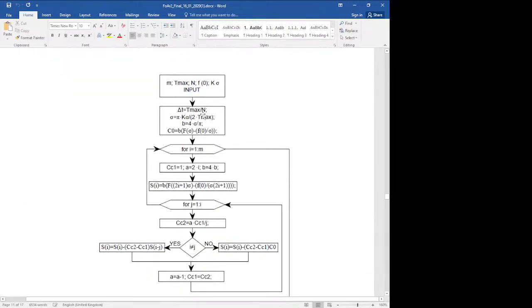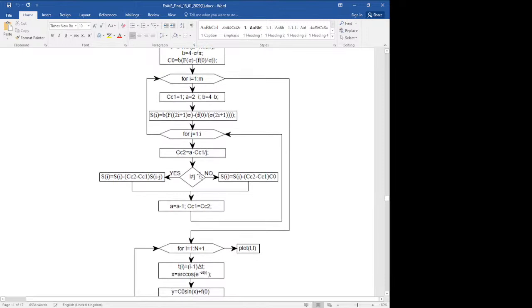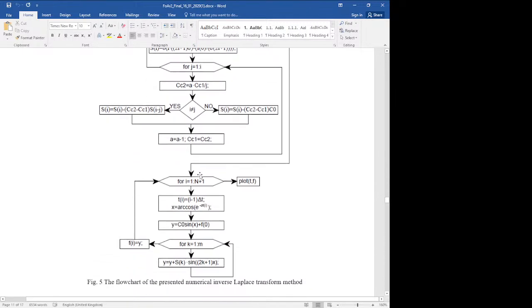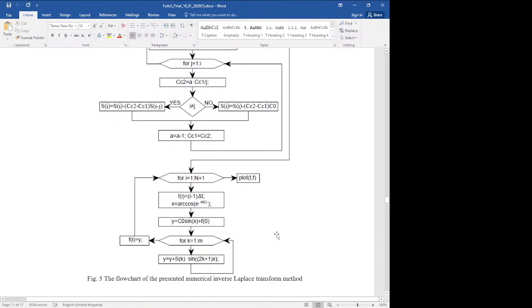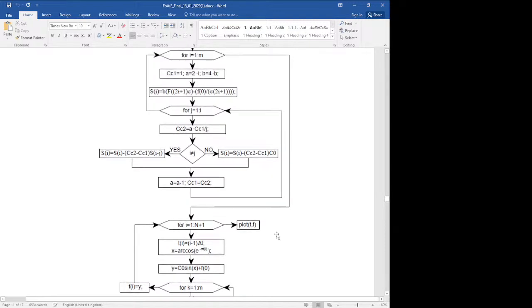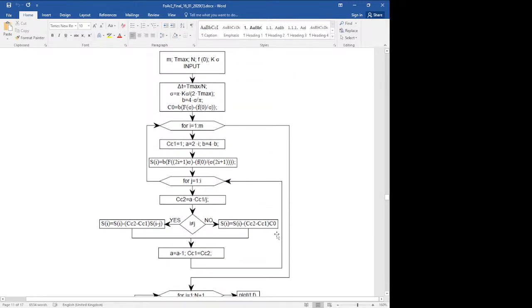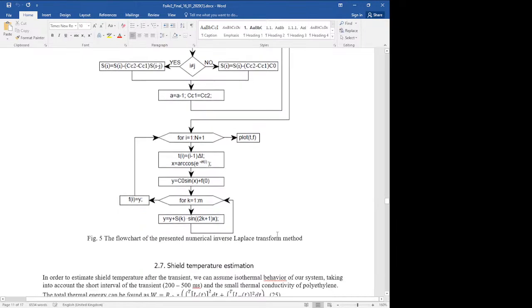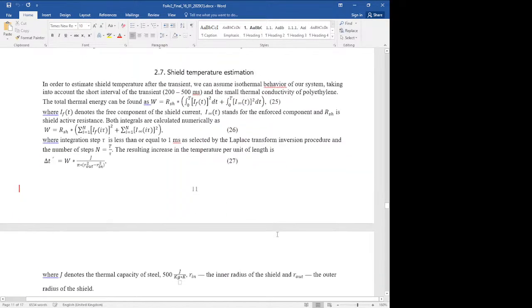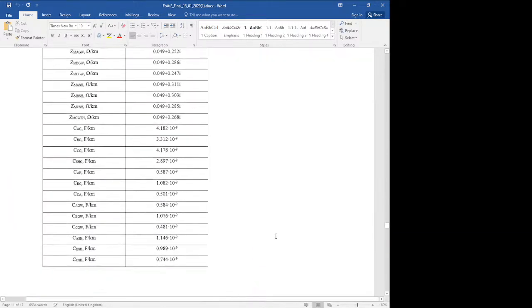Okay, here is the block diagram, or flowchart, of this technique. This will allow us to perform numerical inversion of the Laplace transform. You can check this example.